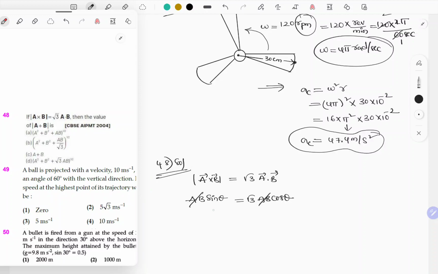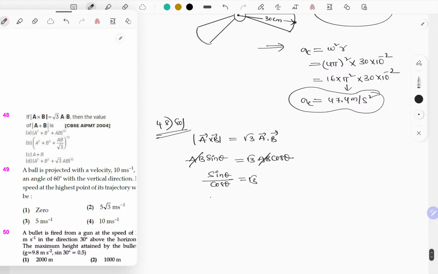AB will get cancelled out. So sin theta by cos theta is equal to root 3. Then tan theta is equal to root 3 and theta is equal to 60 degrees.